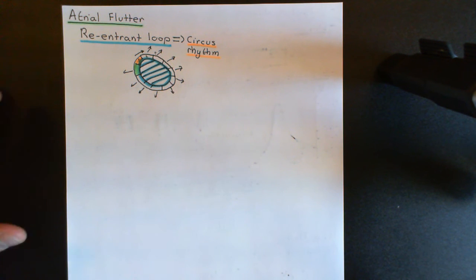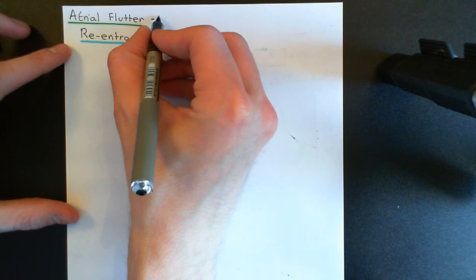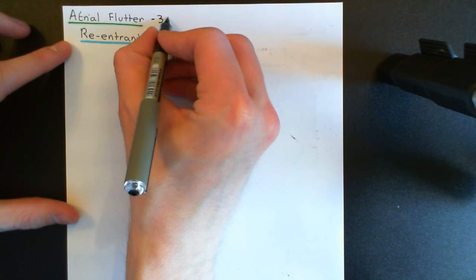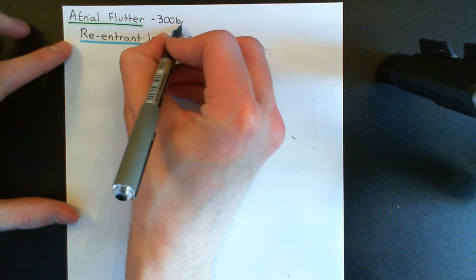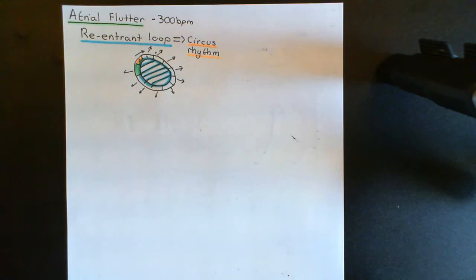Okay, right, so atrial flutter then, it's driven by this, and you can actually get the atria contracting at a rate of up to 300 beats per minute. So that's the really mad extreme, that it can actually generate electrical signals at rates of up to 300 beats per minute.